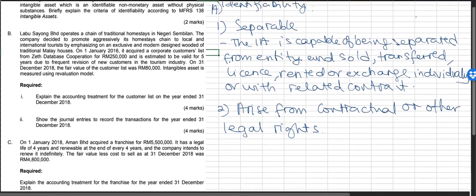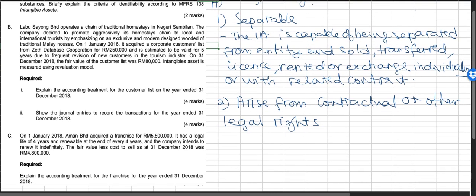Part B: Labu Sayong operates a chain of traditional homestay in Negeri Sembilan. The company decided to promote aggressively its homestay chain to local and international tourism by emphasizing on exclusive and modern design of traditional Malay houses. On 1st January 16, it acquired a corporate customer list.